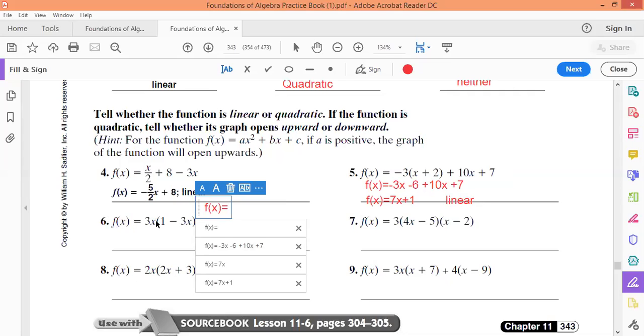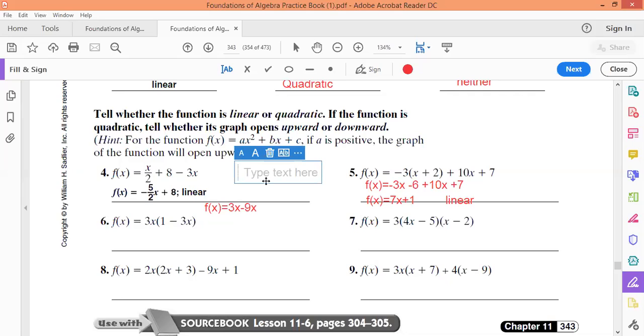Mazen, multiply 3x inside with 1. 3x. Very good. Then multiply, the answer will be 3 times 3, it will be 9. And then you will add the powers of x. It will be square. And the square, I will write it like this.